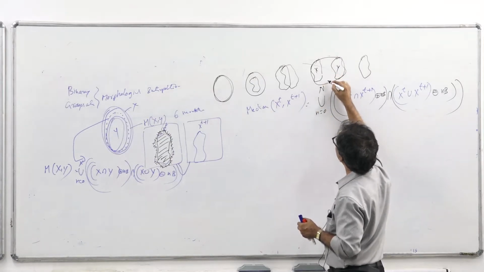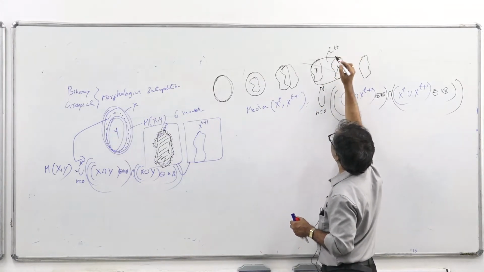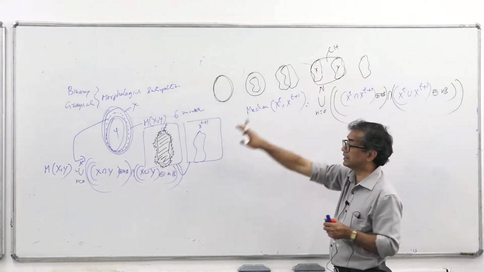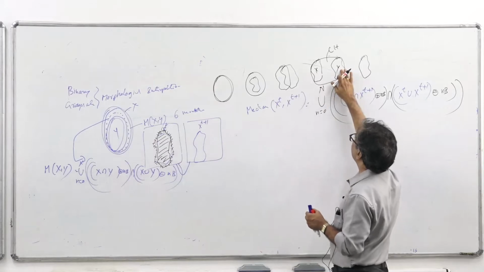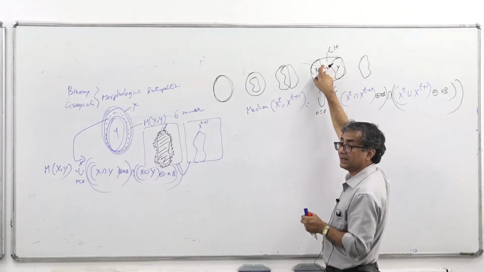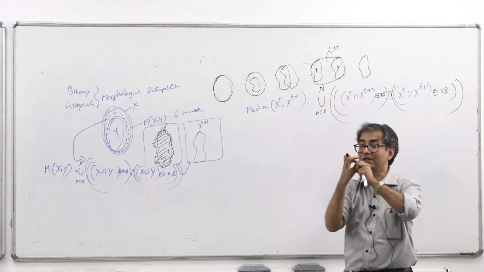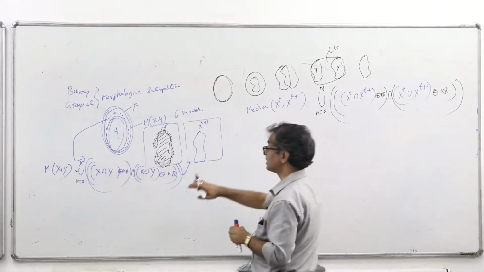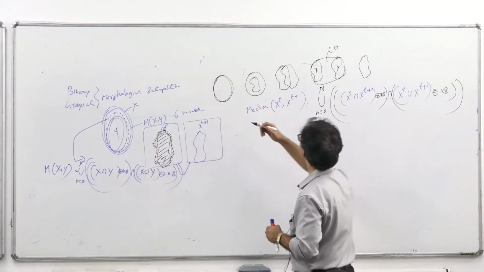Between x and the convex hull, you compute the median by following the generic equation. Between y and the convex hull, you compute the median. Those two medians will have some overlap, and you compute the median for those two medians. So there are different ways.